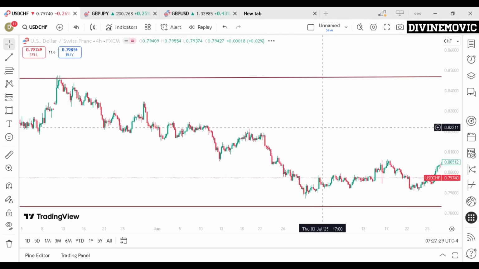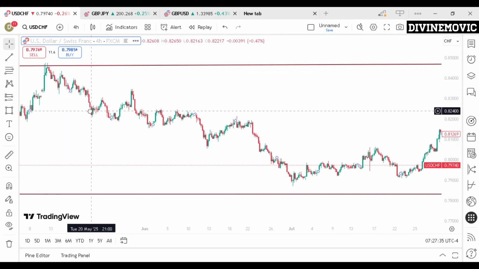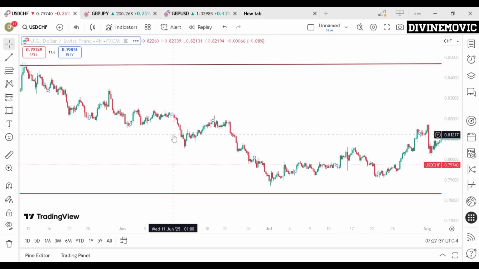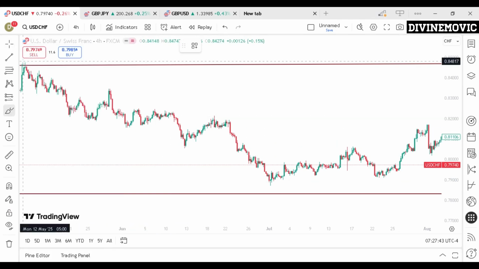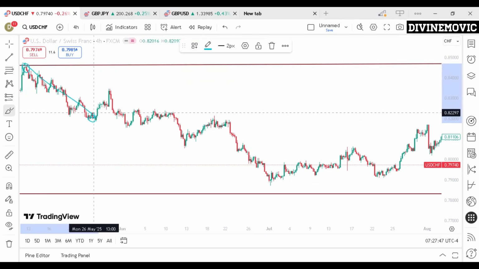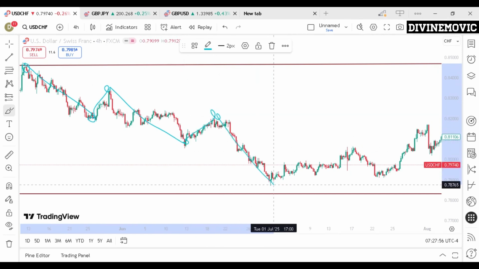If you look closely, when price got to this resistance key level, price started going to the downside, and price was giving us swing highs and swing lows. If I identify the swing high and swing low, I will see that this place is clearly a swing high that gave us a swing low, a swing high that gave us a swing low, a swing high that gave us a swing low.